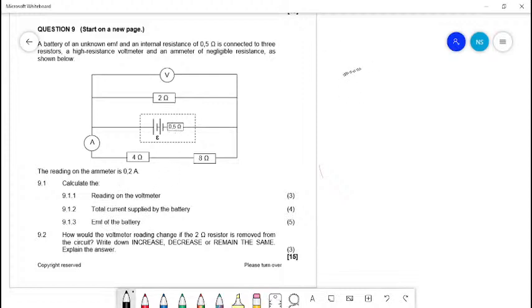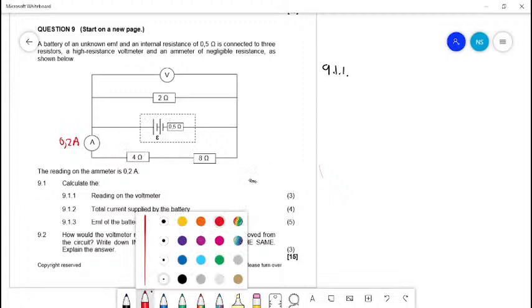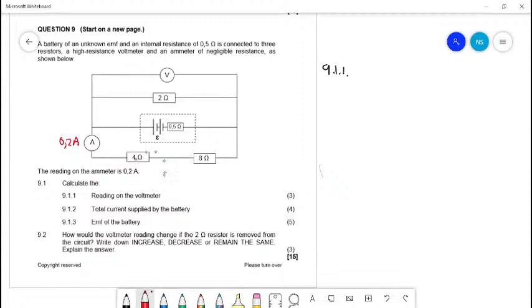It's 9.1.1, for 3 marks. We are also told that the ammeter reading is 0.2 amps. So they want us to calculate the voltmeter reading.